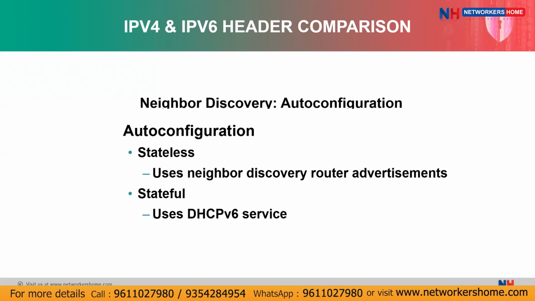Stateless uses neighbor discovery router advertisement, and stateful uses DHCPv6 addresses. It's stateless when router advertisement generates, and we have stateful when DHCP services are there. That is IPv6 DHCP, which can assign addresses automatically, as we have in IP version 4, but this feature comes under the stateful option.